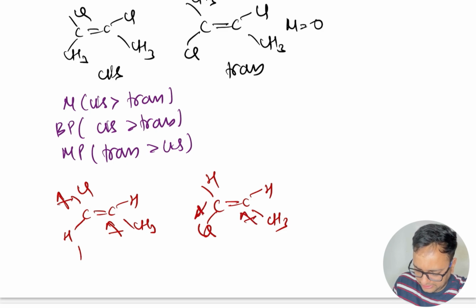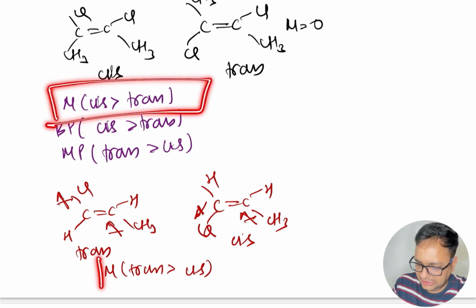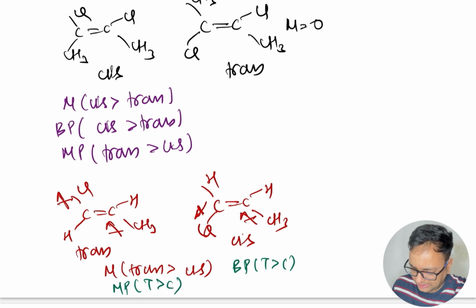This is trans and this is cis. So mu of trans is greater than cis. Not always is mu of cis greater than trans. Mu of trans could be greater than cis also. So this is not a general statement that the dipole moment of cis is greater than trans. No, it is not always true. But boiling point, here trans is greater than cis. But melting point of trans is always greater than cis.